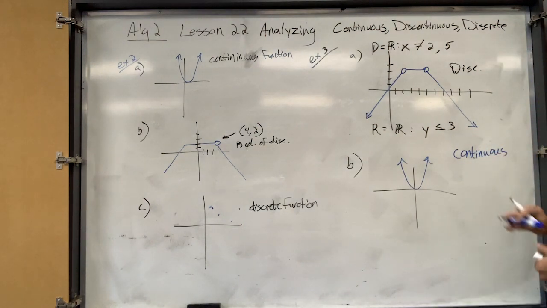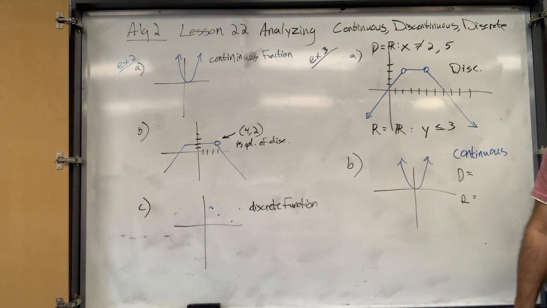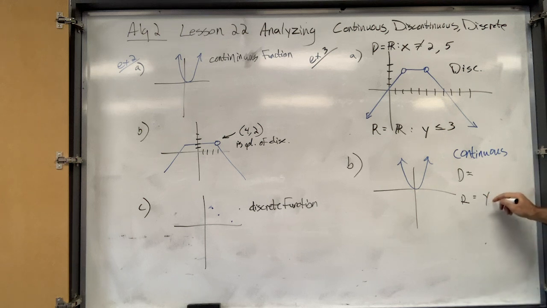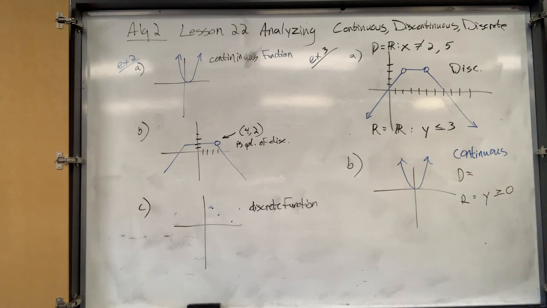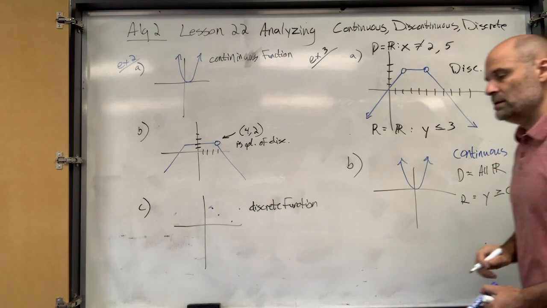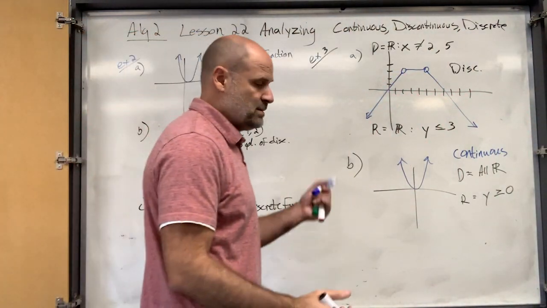The range is greater than or equal to 0, and the domain is all real numbers. Good, because it's on that 0. This is the bottom of it and the top of it. You're looking for how far down it goes and how far up it goes. What about the domain? All real numbers, good. And it's continuous, we got it.